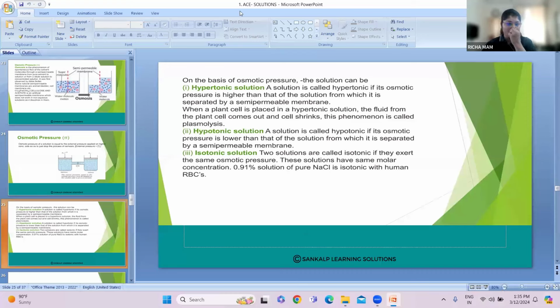These are very important in terms of definition: osmosis, osmotic pressure, isotonic solution, hypertonic solution, hypotonic solution, with examples, and reverse osmosis. These are some of the important terms which can be asked as definitions for 2 marks: 1 mark for the definition, 1 mark for the example.